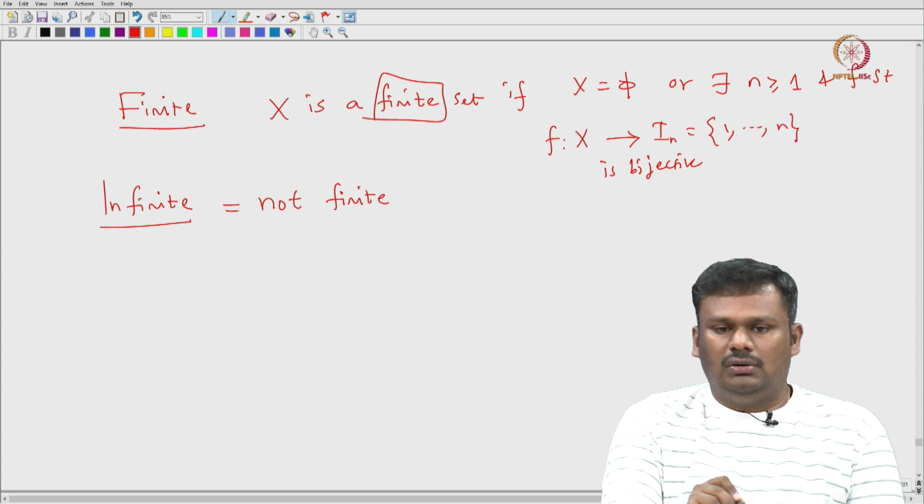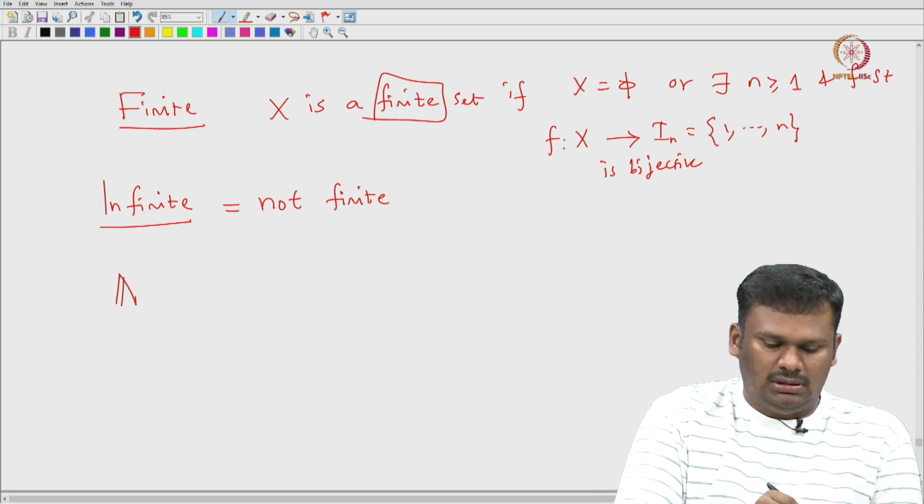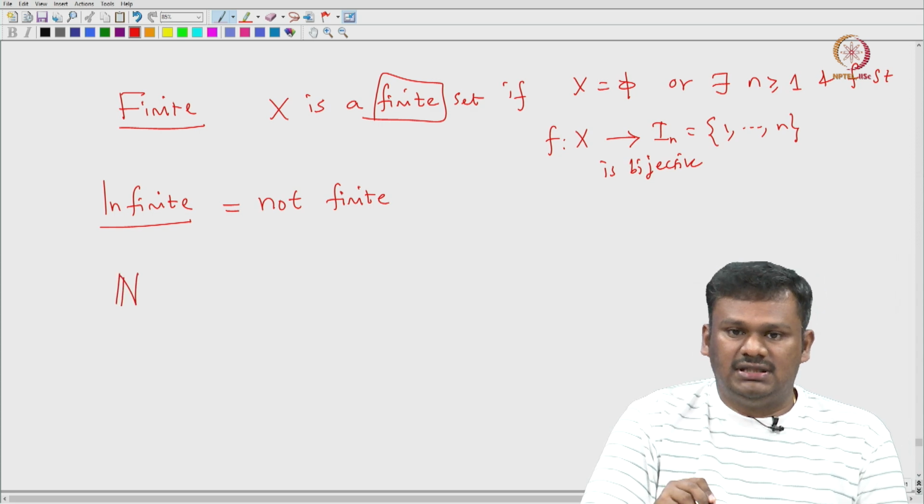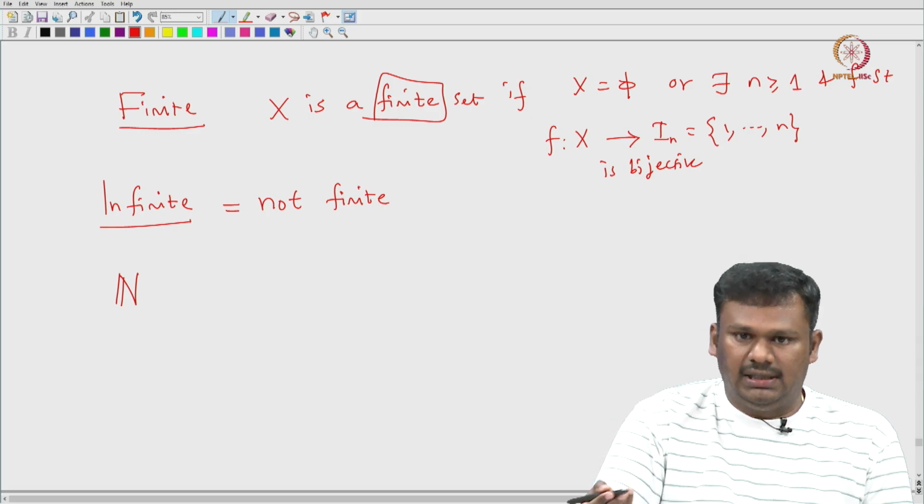Now we have the natural numbers, and like we said, it is the smallest infinite set.